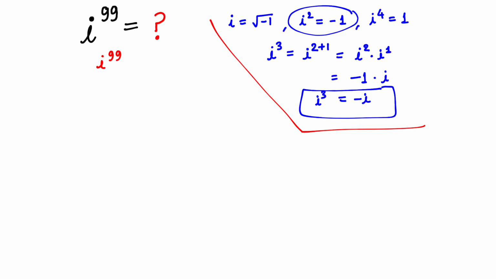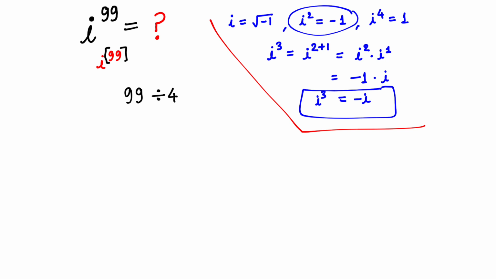So if iota is raised to any power, we take that power or exponent and divide it by 4. This is the first step to find the value of iota raised to any power.